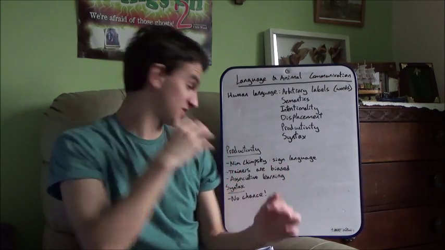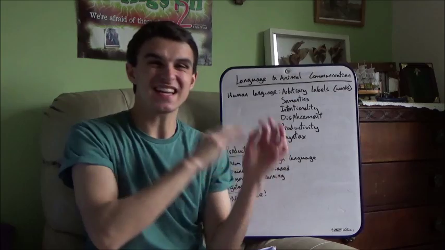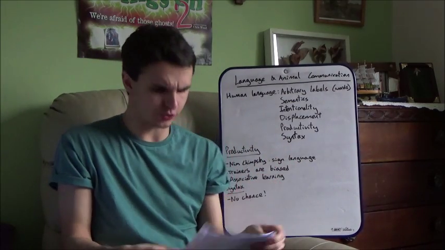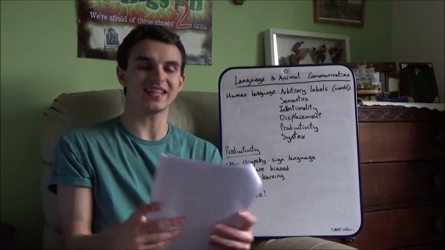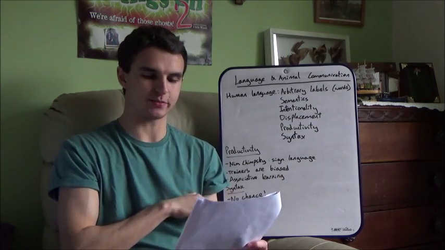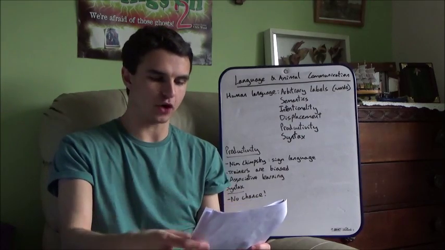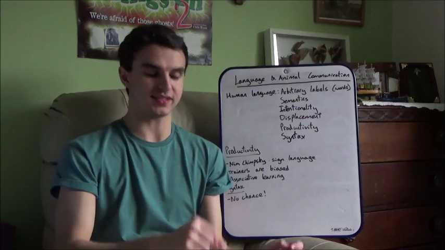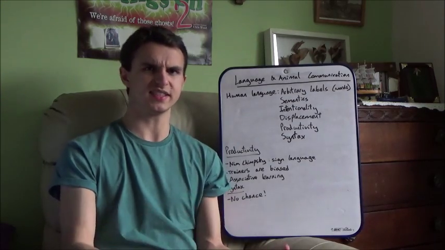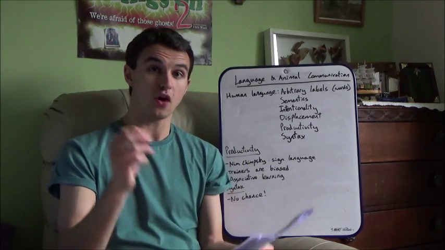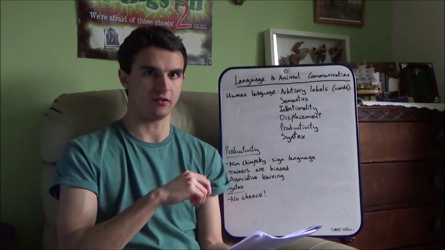And I'm sorry, syntax even less so. This is also known as recursion, and I'm going to read you a quote now by Hauser, Chomsky and Fitch, and they said that the computational mechanism of recursion is recently evolved and unique to our species. Now, this isn't actually something that Darwin stated, so this could be one of the few examples of where Darwin was actually wrong.